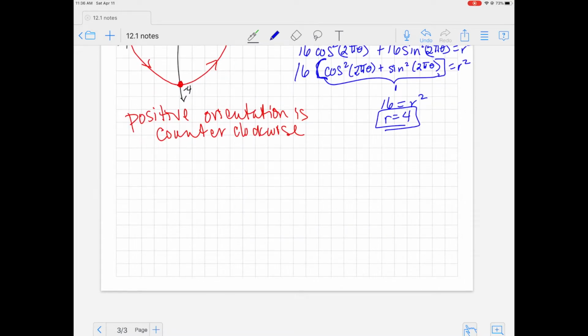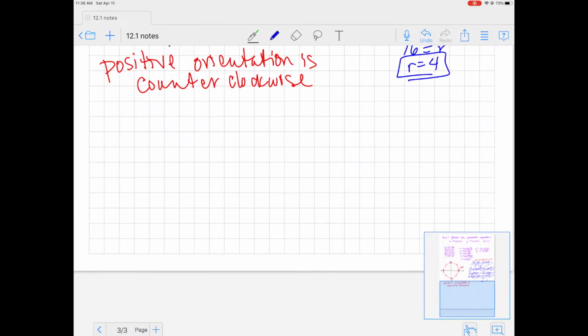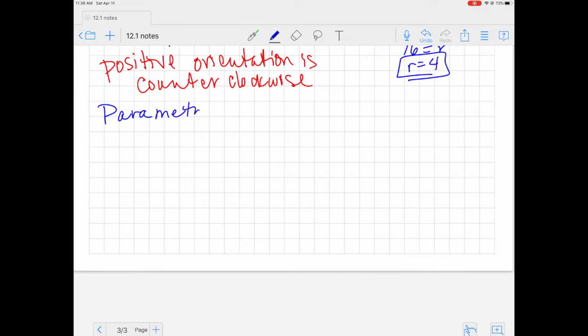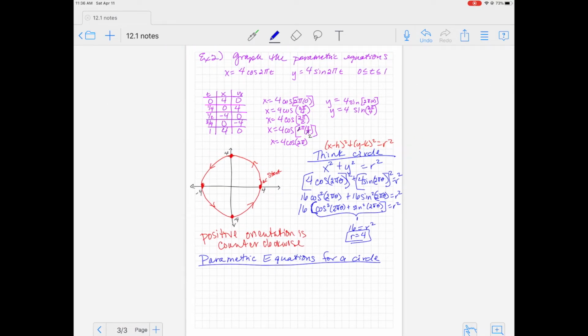So check it out. Parametric equations for a circle. When you have a cosine, typically here is your x, right?